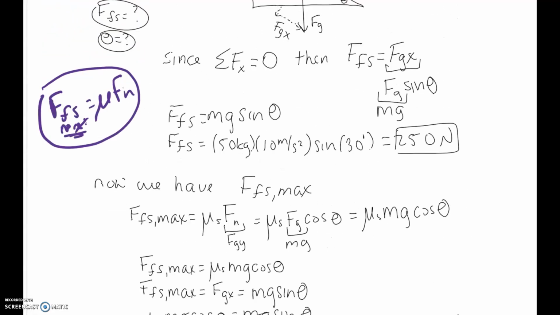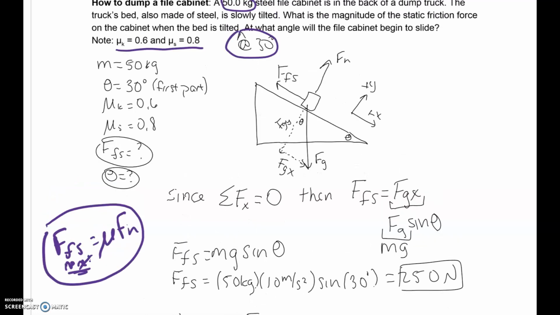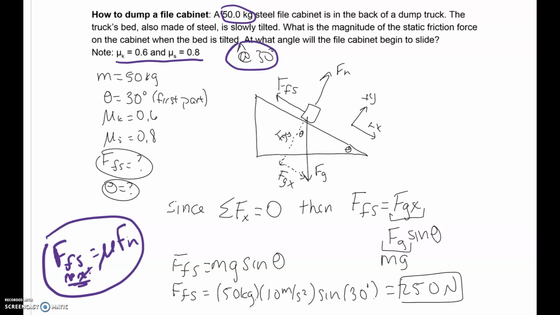Now looking at our force diagram, since our object is in equilibrium, and even if it were accelerating, it's not going to accelerate off of the plane of the incline. Therefore, our normal force must equal the y component of the gravitational force.